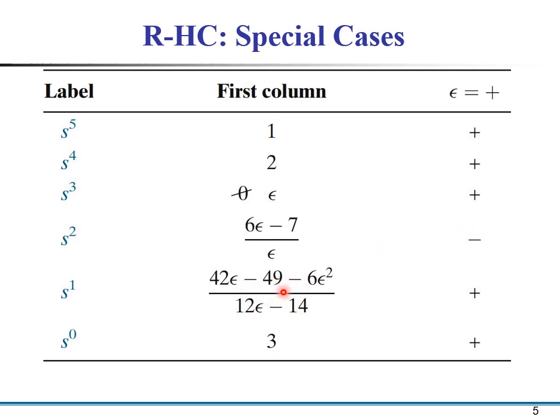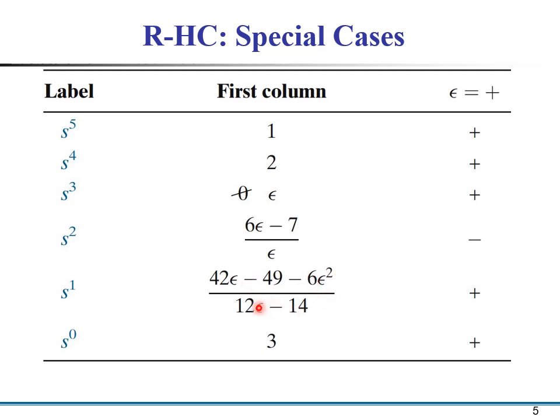Now we look at the second one. Whenever epsilon is 0, this element becomes 0, this element becomes 0, this element becomes 0. So it will be minus 49 divided by minus 14. So minus will cancel with minus.